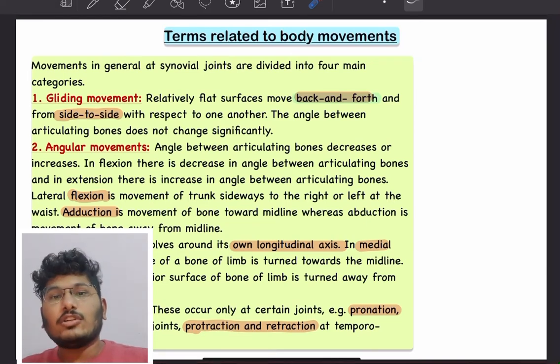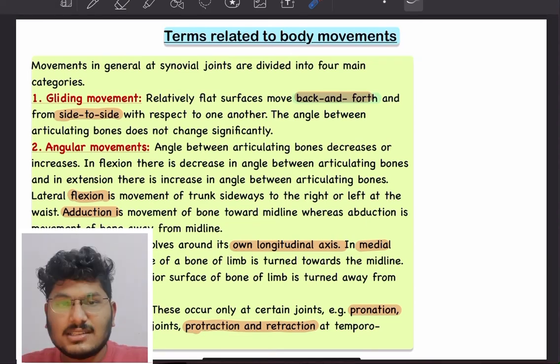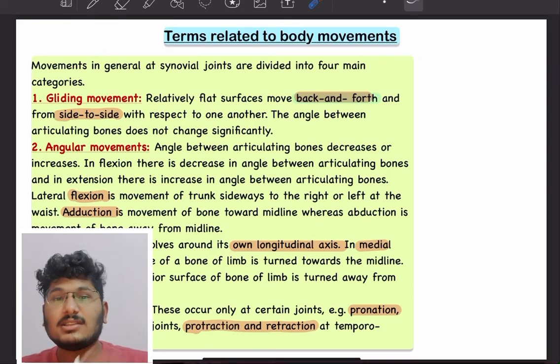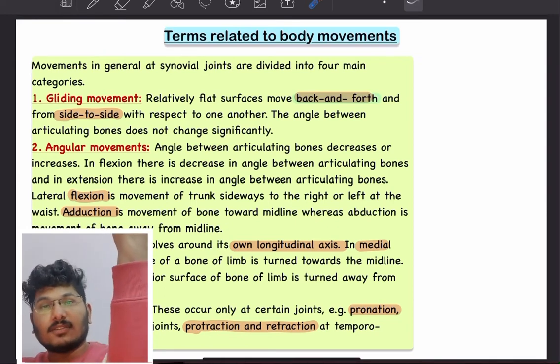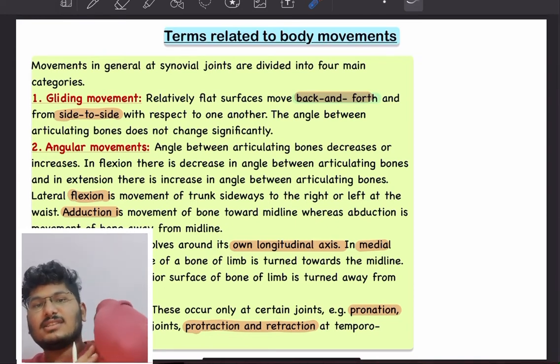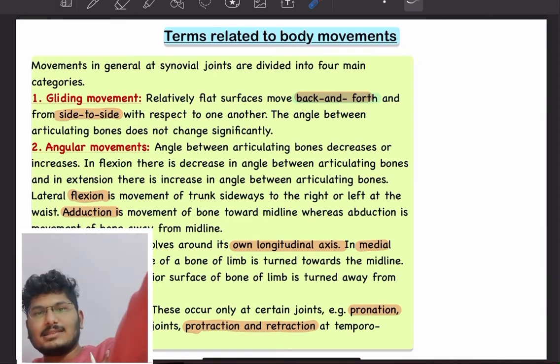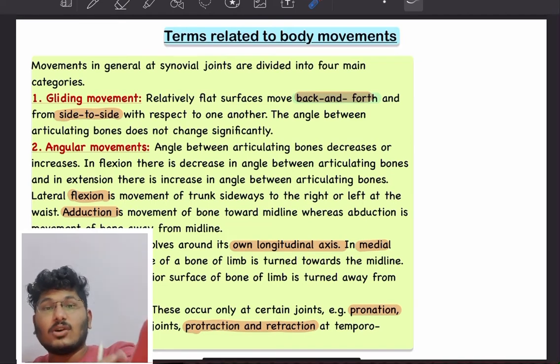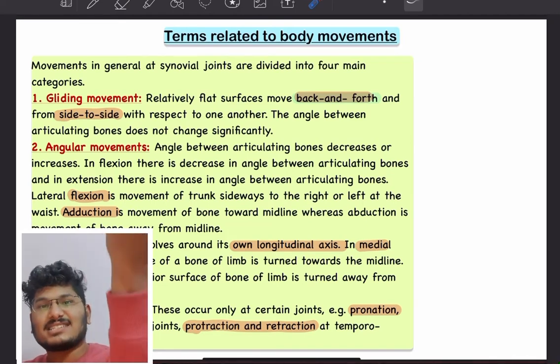The opposite movement to flexion is called extension. Extension is the movement in which the angle between the articular surfaces increases. So this is the flexed elbow. From this flexed elbow, if we do a movement like this, the angle between the 2 articular surfaces of the elbow joint is now increased. So this is called extension.